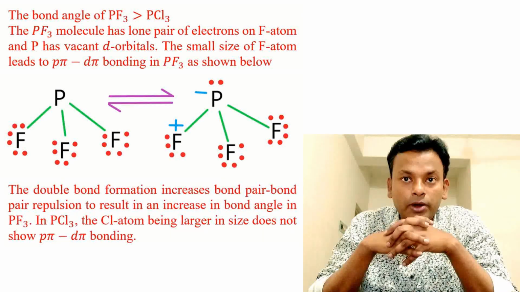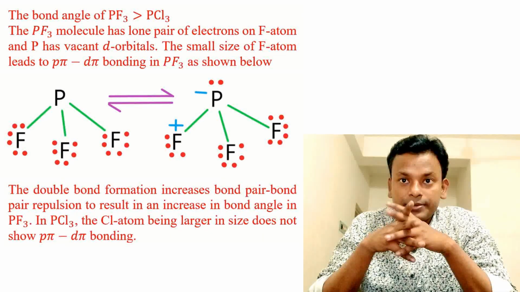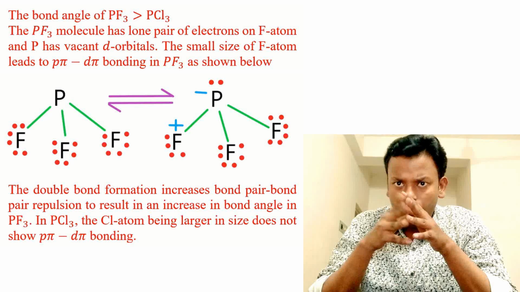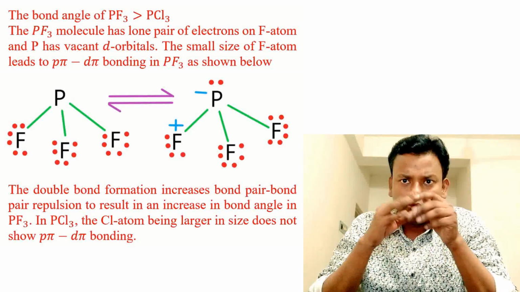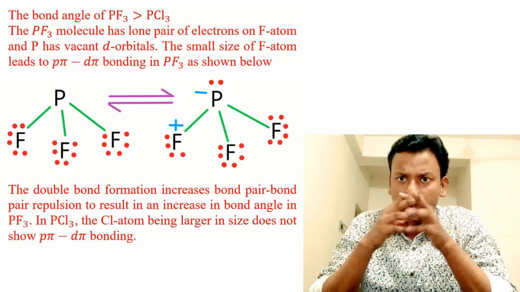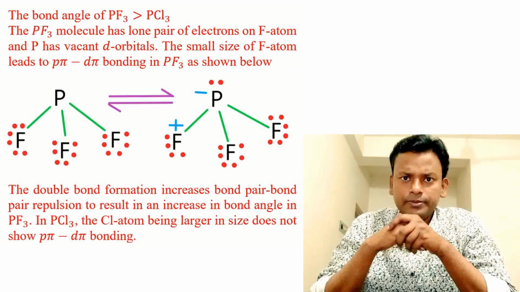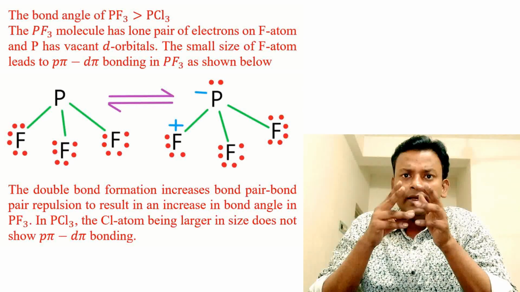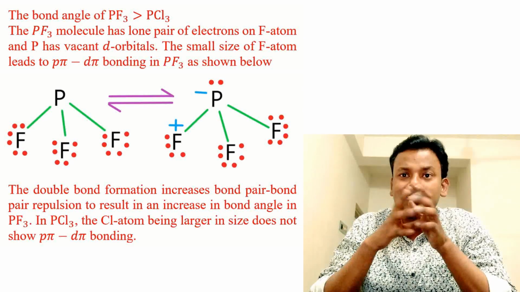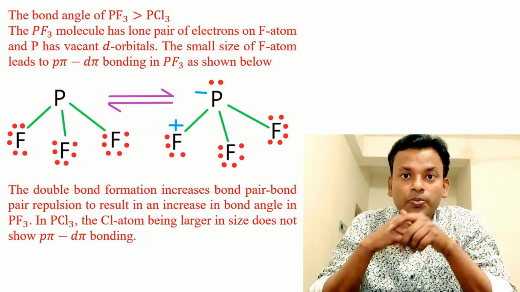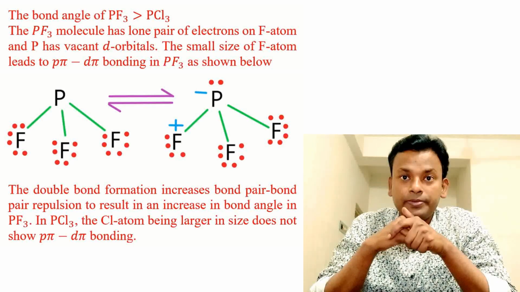The double bond formation increases the bond pair repulsion, resulting in an increased bond angle in PF3. In PCl3, the Cl atom, being larger in size, does not show p-pi d-pi bonding.